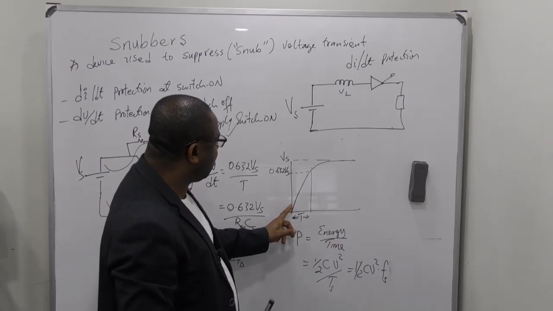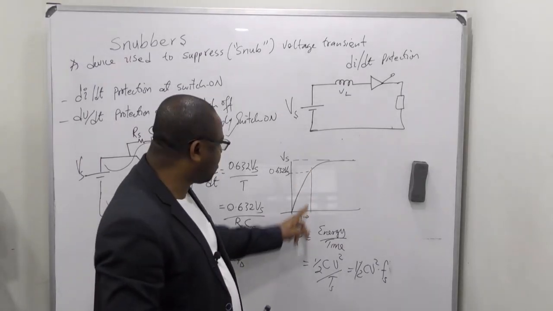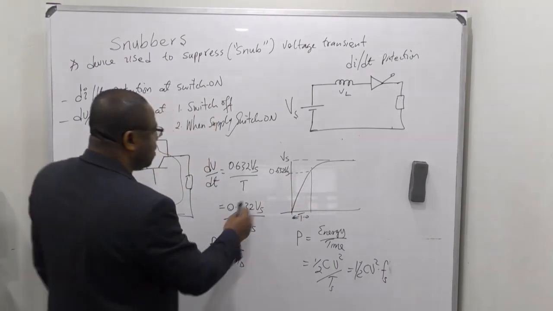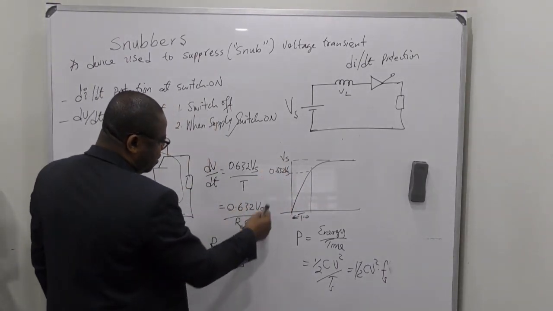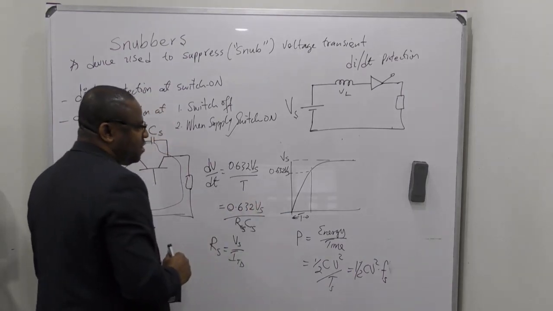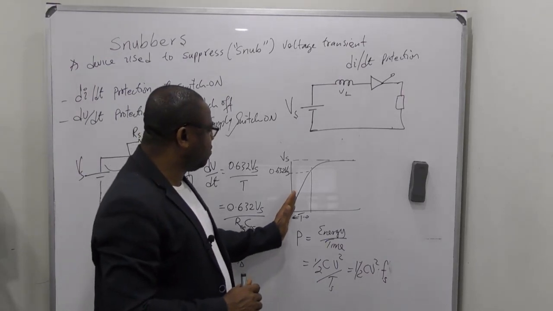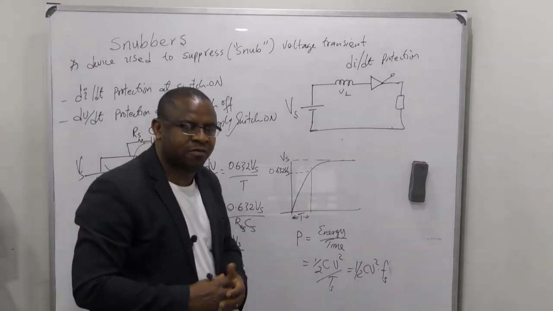If we look at this graph, this is our time constant, which is RsCs. The voltage reached at that exact time constant is 0.632 Vs. Then the voltage builds up until it gets to the maximum value.